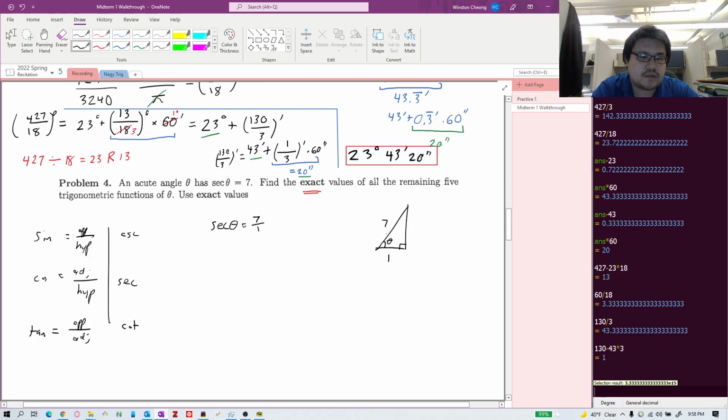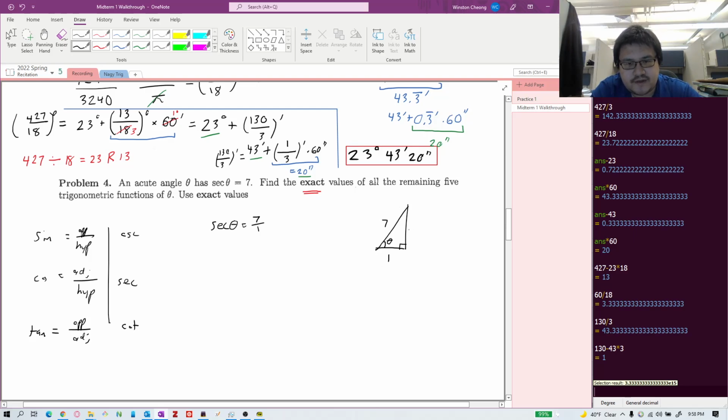Now to answer a lot of this problem, I'm going to need this side. This is called the opposite side. Since we have a right triangle, we're going to use the Pythagorean theorem. I think one person did not use the Pythagorean theorem. It says the sum of the legs squared is equal to the hypotenuse squared.